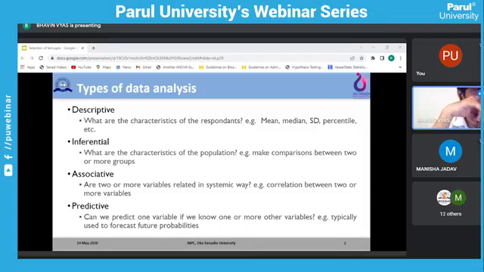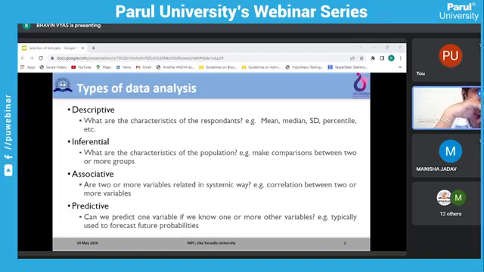Starting with the first, that is types of data analysis. In 8th semester, you might have taken a project in pharmaceutics, pharmaceutical chemistry, pharmacology, or pharmacognosy, or you might be doing it in pharmacy practice.